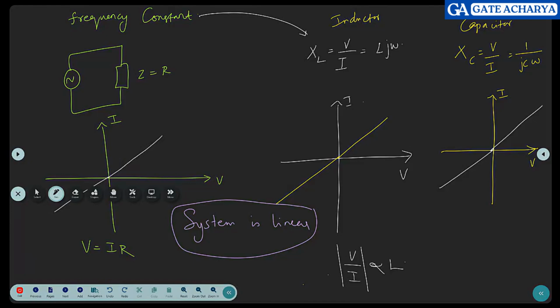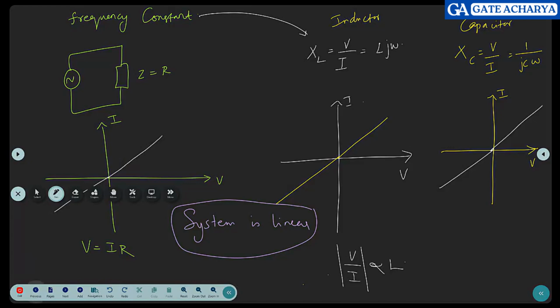For that, I need a graph of the relation between V and I. If it's a differential equation, it's difficult to get a graph. But if you push it into the frequency domain, it's much easier to get a graph of the relation. You can call this a transfer function. In a control system, you say this is a transfer function. Here we usually say gain equation. Output by input is the gain.